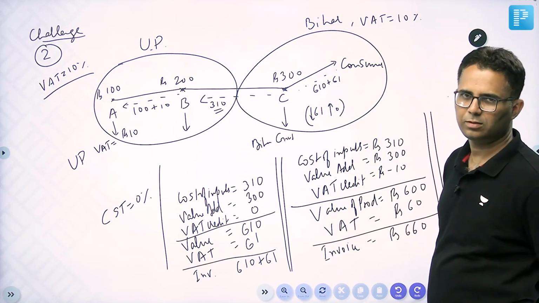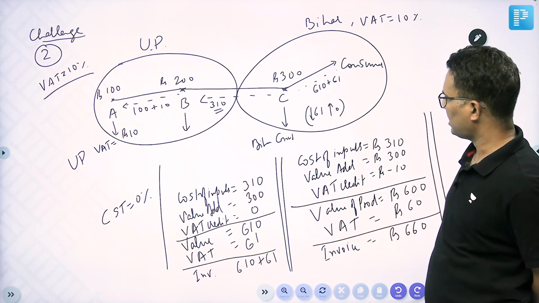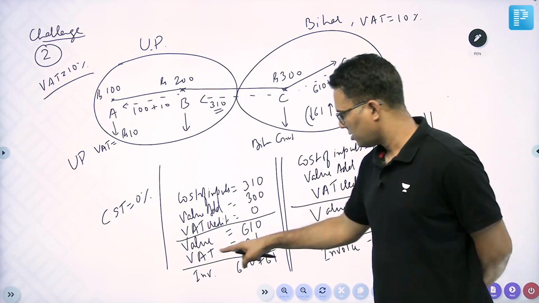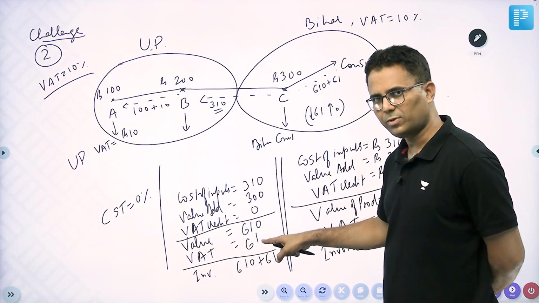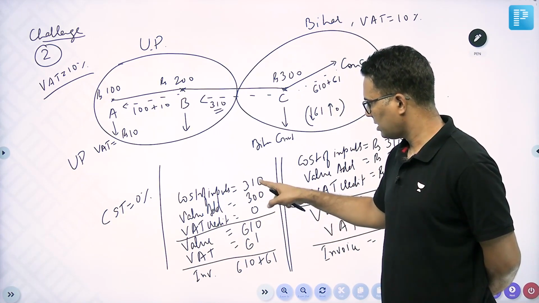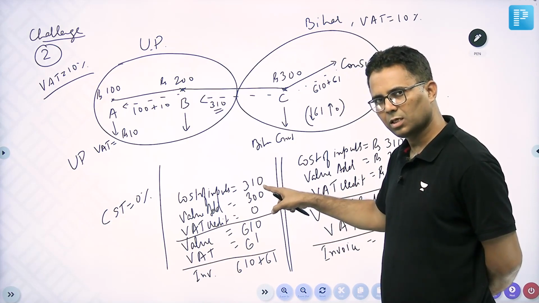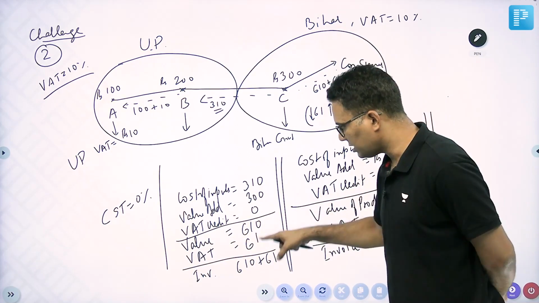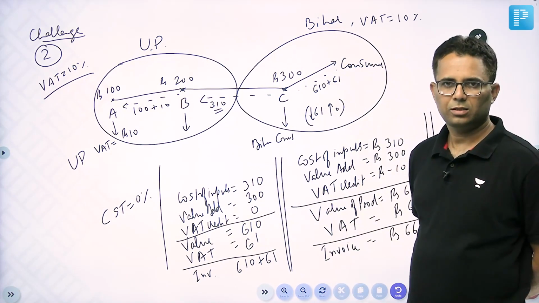This happens. So when C is not getting credit and C is depositing 61, you are still seeing that VAT is being imposed on 610, which includes 10 rupees. This 10 is VAT, which is included in 610, and on that VAT, again VAT is being imposed. Cascading effect of tax on tax.